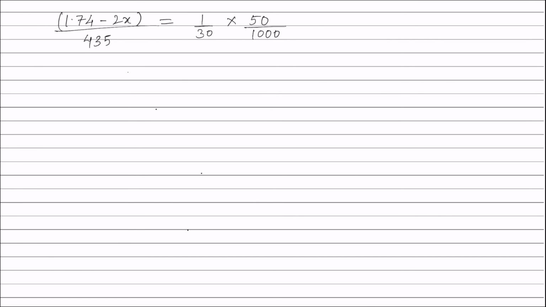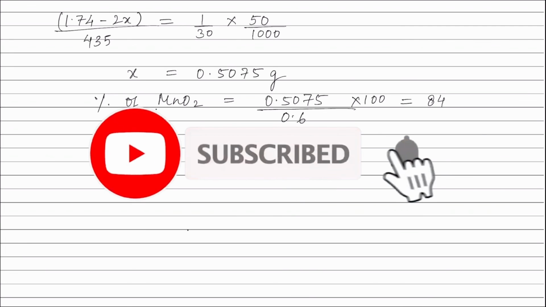Solving this, the value of x is equal to 0.5075 grams. Therefore, percentage of MnO2 is equal to 0.5075 grams divided by 0.6 grams into 100, and this is equal to 84.58%.